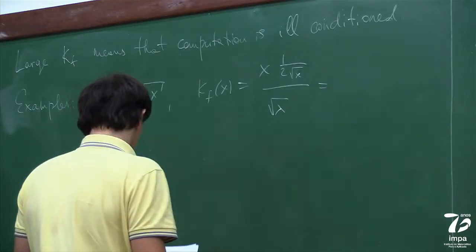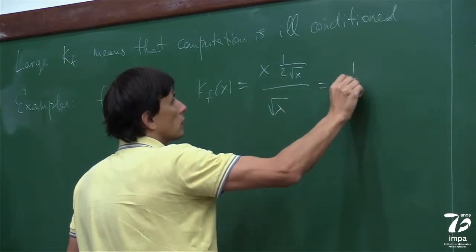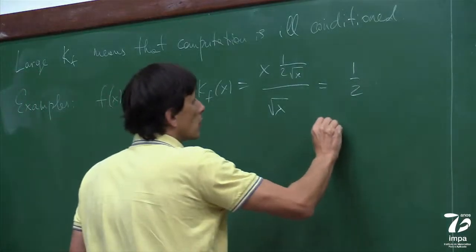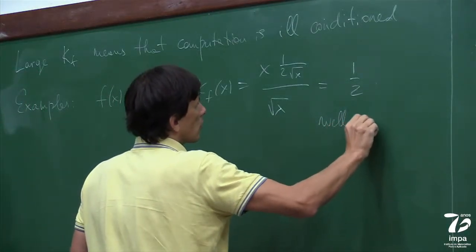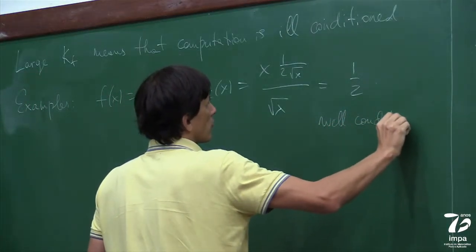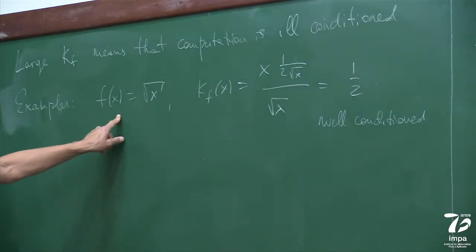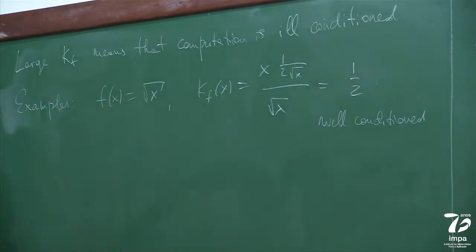So this will be 1/2. So it's well conditioned. Having an error in x, you don't expect a big error in the computation of f.